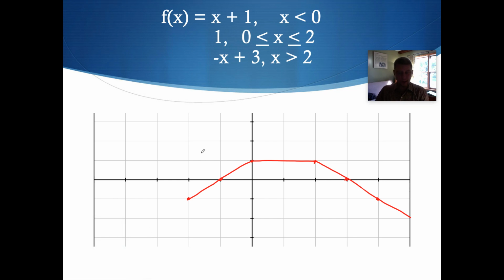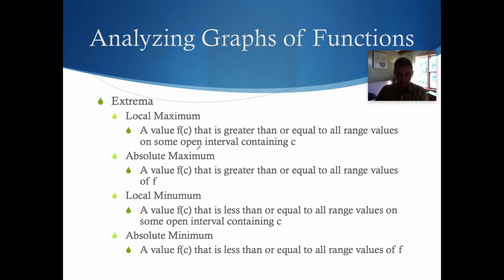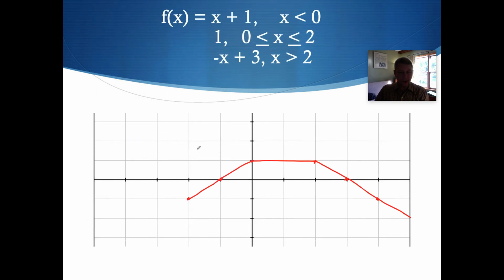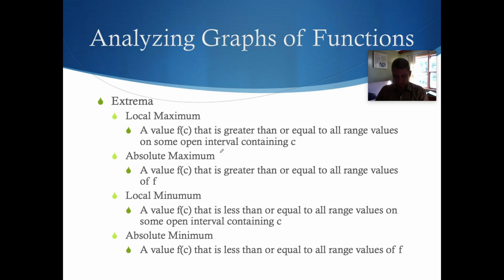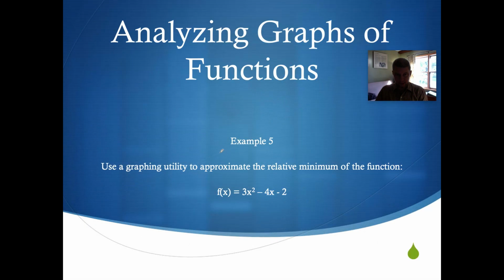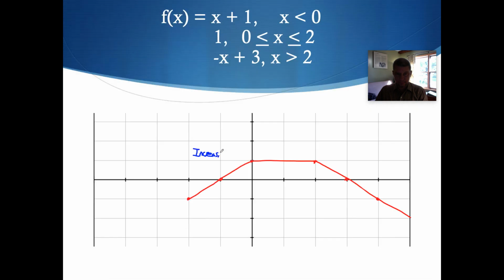Again, now I have three distinct portions of this picture. In this portion, I've got an increasing value, and this of course runs from negative infinity all the way up to x equals 0.